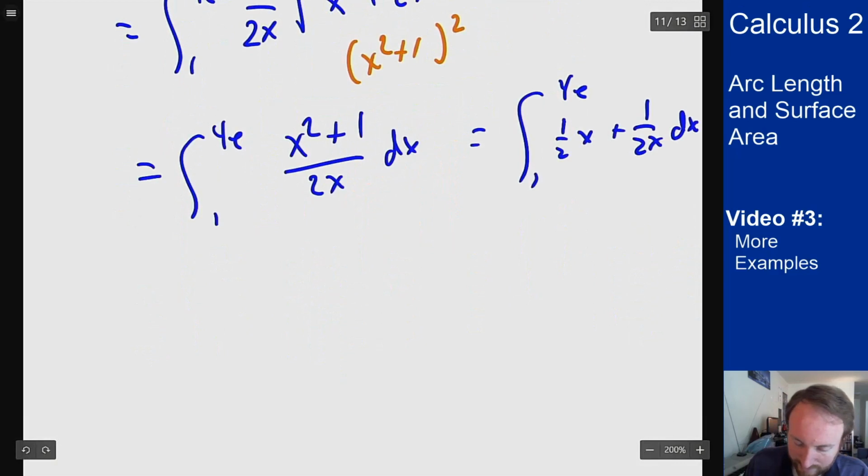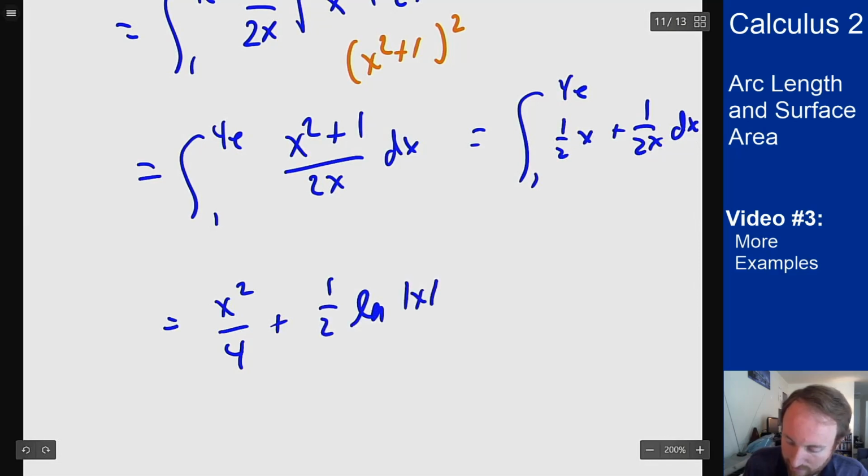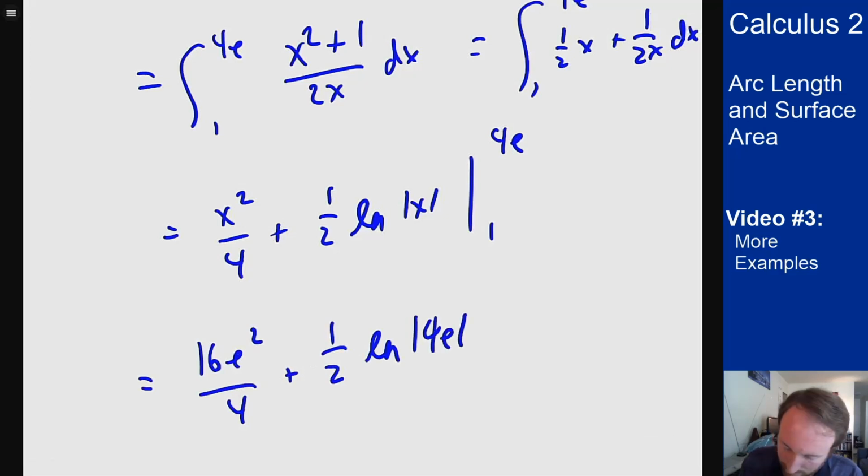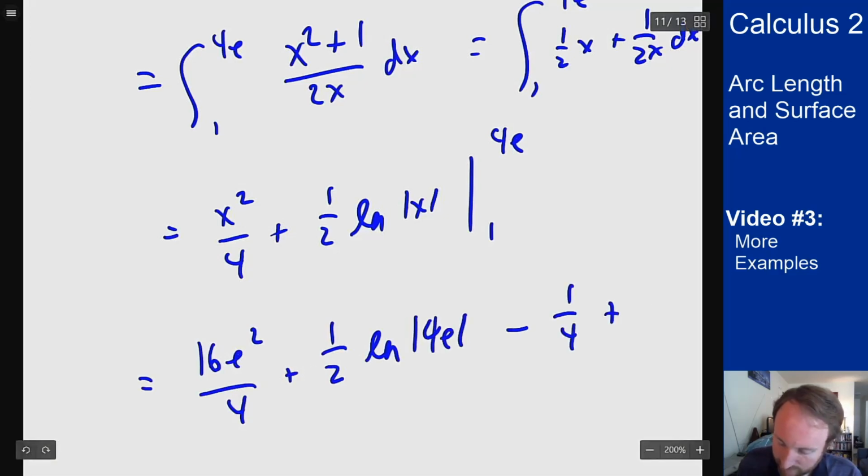I get that this is x squared over 4 plus 1/2 log of x from 1 to 4e, and I just plug in my endpoints. So that's 16e squared over 4 plus 1/2 log of 4e minus 1/4 plus 0, because log of 1 is 0.